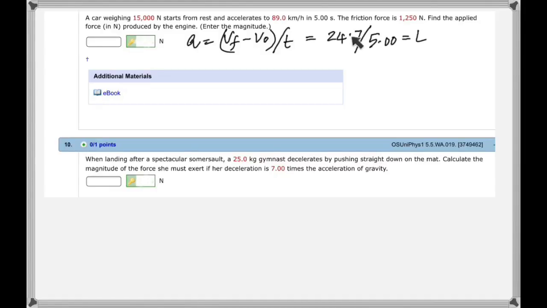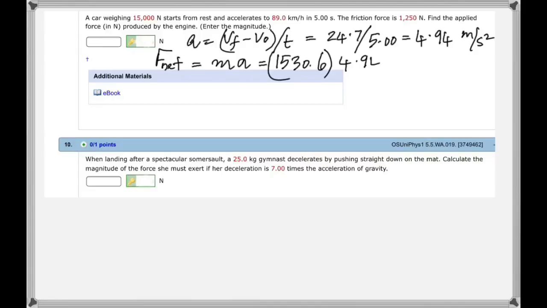That's how you get 24.7. And once you get the acceleration, net force is equal to mass times acceleration. Now, once again, it's 15,000 newtons. That's the weight. So to find the mass, you have to divide that by 9.8. That's how I get this number. Mass of the car, okay?